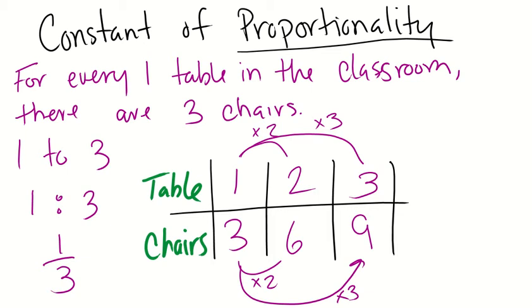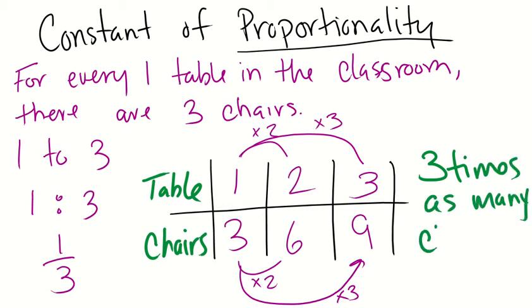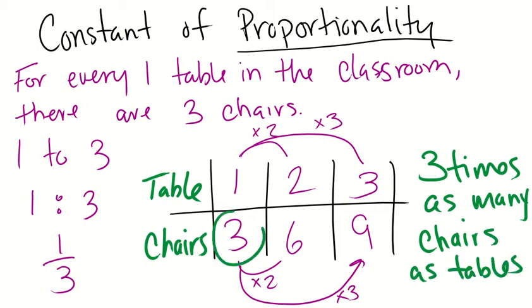We're actually going to go back to just one part of what I said, which was the fact that you have 3 times as many chairs as tables. Because this number here is 3 times, the second term is 3 times the first term.